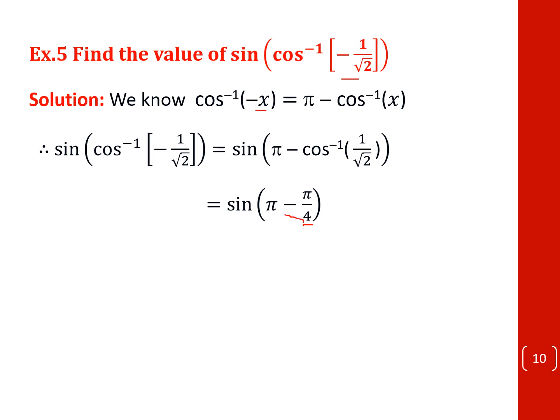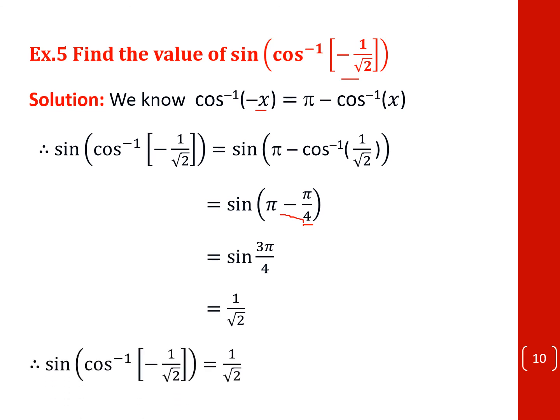Now which is equal to sine of 4 pi minus pi upon 4, gives us sine of 3 pi by 4. The value of sine 3 pi by 4 is nothing but 1 by root 2. Therefore, sine of cos inverse of minus 1 by root 2 equals 1 by root 2.